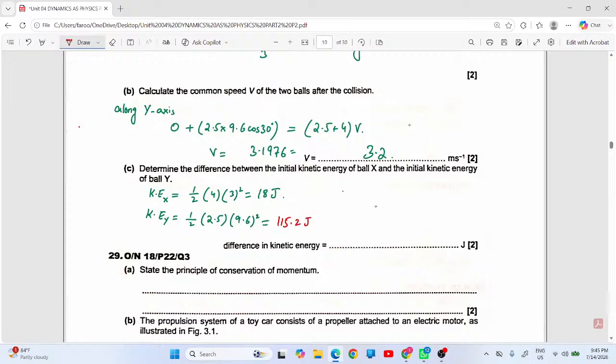Now we find the difference: 115.2 minus 97.2. So what answer is written? 97. Question 28C.